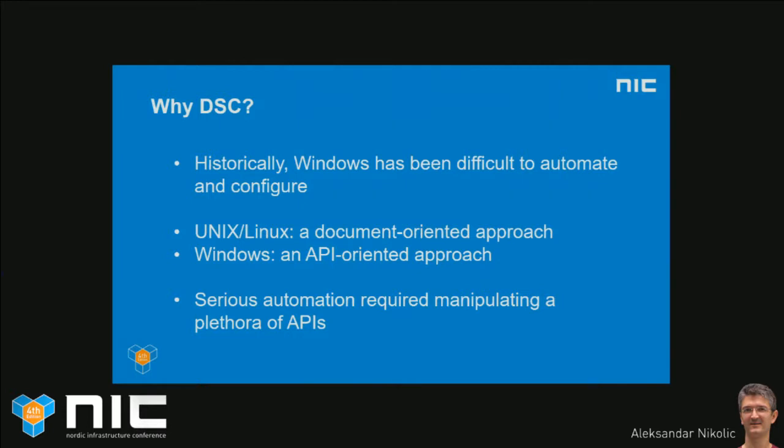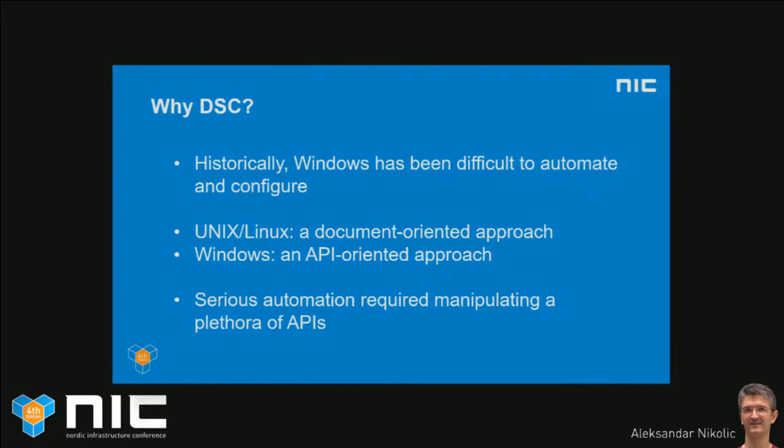Historically, it was difficult to automate and configure Windows machines. Compared to Unix or Linux machines, the difference is that they have document-based configurations, right? So when they need to configure things, they practically manage text files.